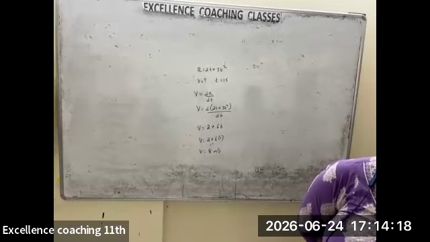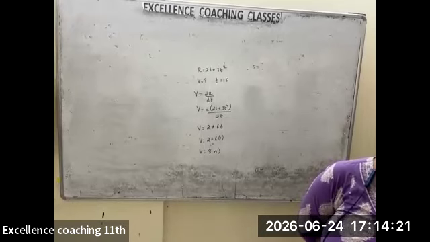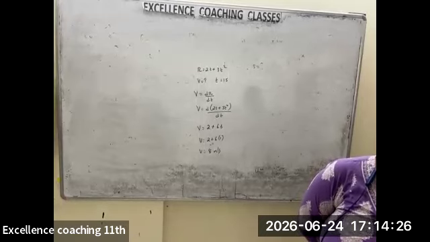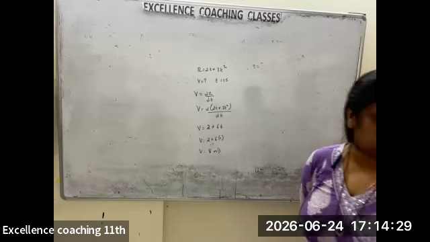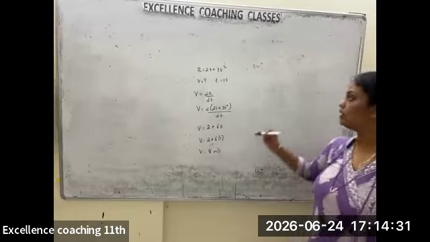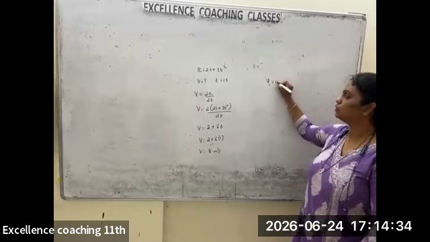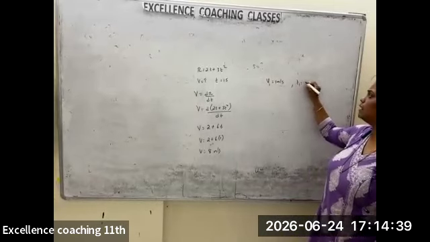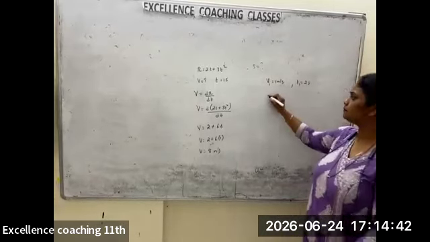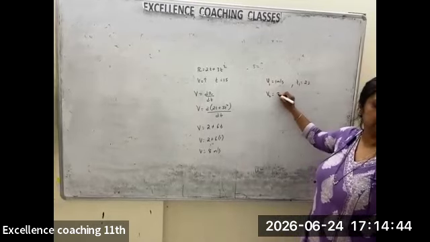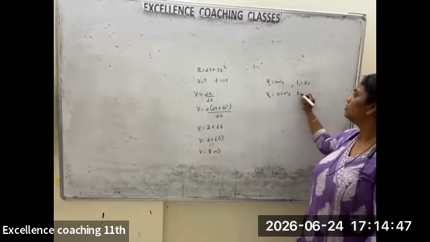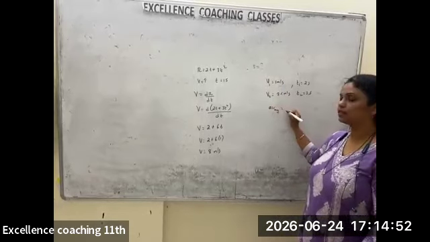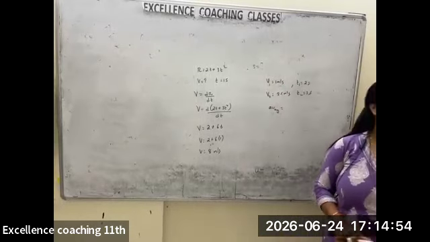At 2 seconds, velocity is 1 meter per second. As the object moves ahead, its velocity becomes 2.5 meter per second at 3 seconds. And the average acceleration during this time interval is what? What is the formula for average acceleration? V1 is given. How much is that? 1 meter per second, when t1 is 2 seconds. Going ahead, v2 becomes 2.5 meter per second when t2 is 3 seconds. You have to find average acceleration. What is the formula for acceleration?